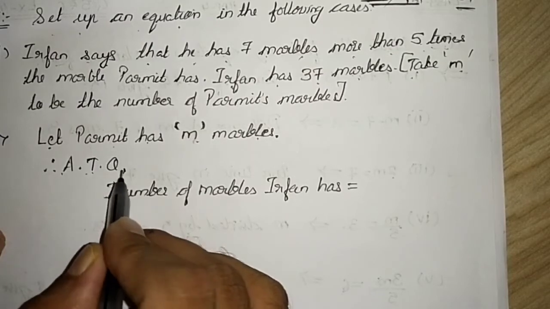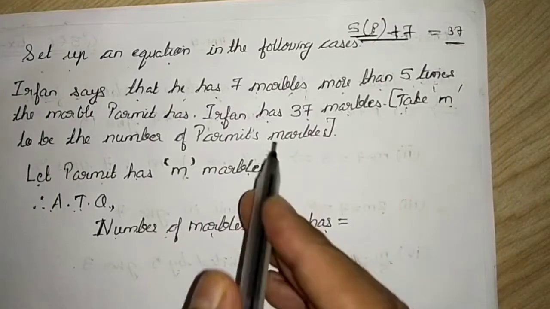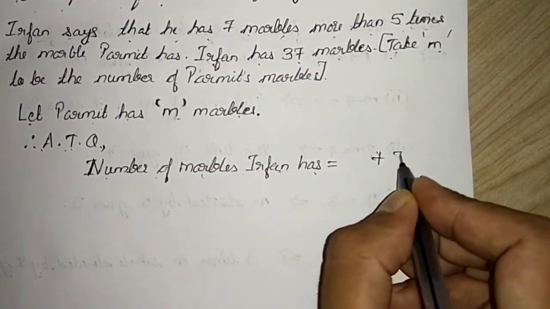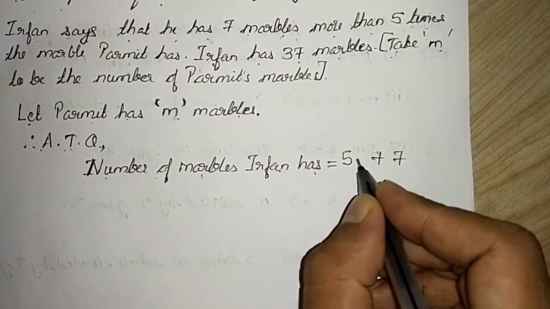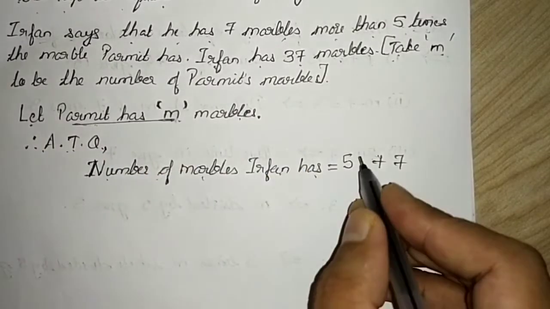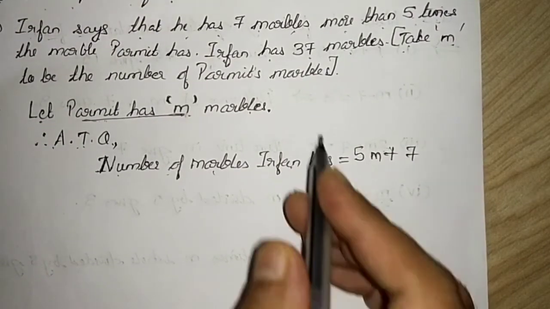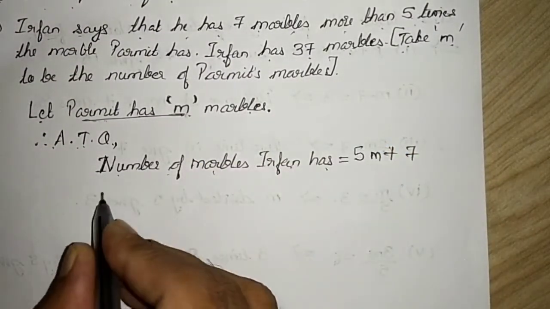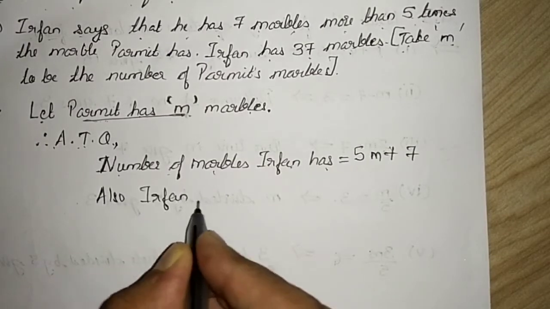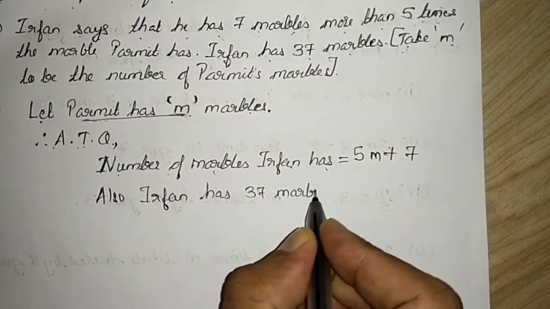Therefore, according to the question, the number of marbles Irfan has is 7 more than 5 times the marbles Parmit has. Parmit has M marbles, so we will write 5M plus 7. Also, Irfan has 37 marbles.